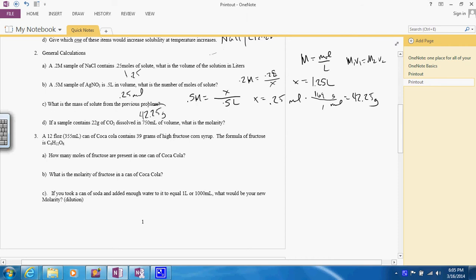42.25 grams. All right. If a sample contains 22 grams of carbon dioxide and 75 milliliters of volume, what is the molarity? All right, so new problem here. We have 22 grams. Get rid of grams and go to moles. 1 mole weighs 44 grams. So 22 divided by 44 equals half a mole.